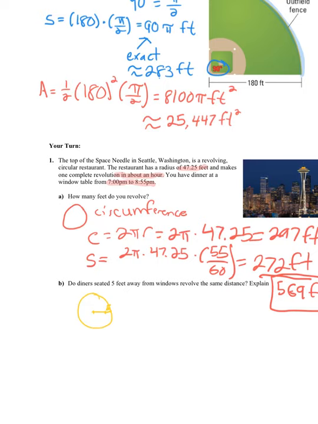We're sitting 5 feet away from that window, so that makes the radius 47.25 minus 5, which is 42.25. And if there's a smaller radius, would we revolve farther or not as far? The answer would be we do not revolve as far.